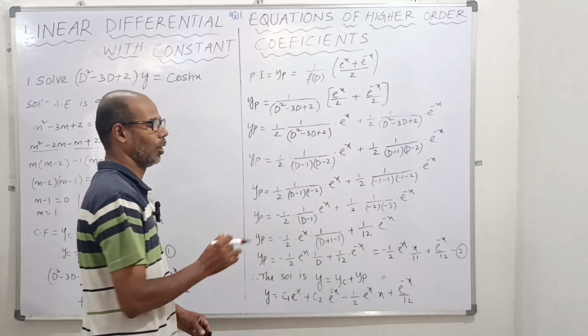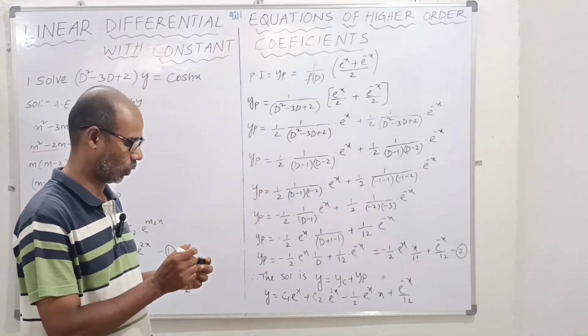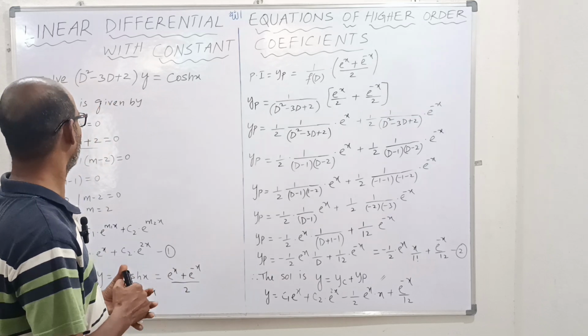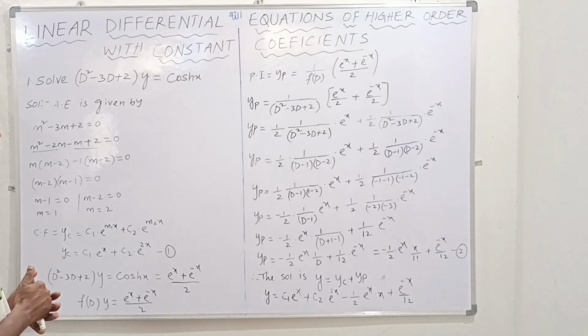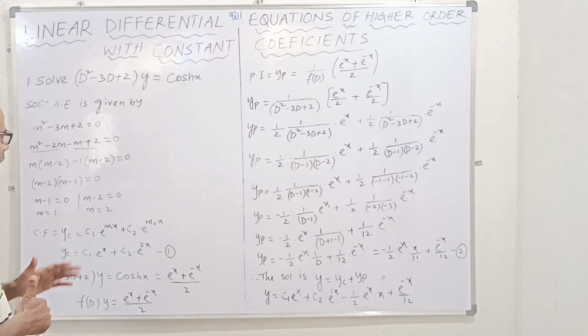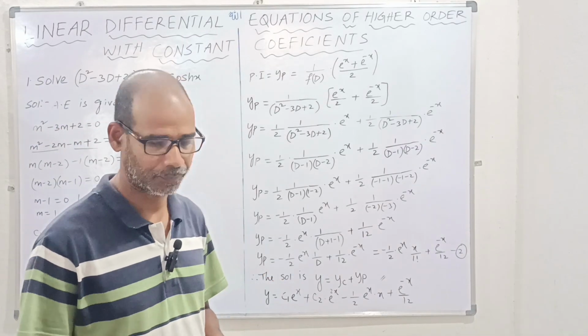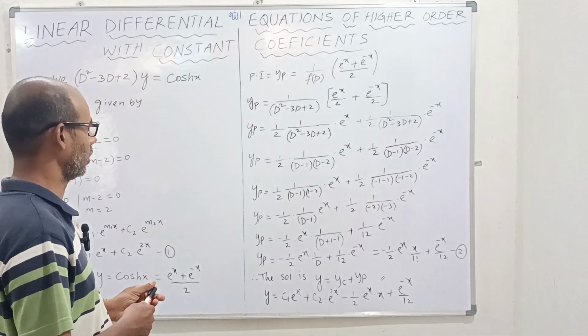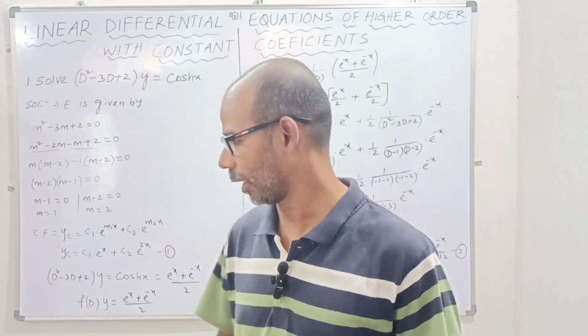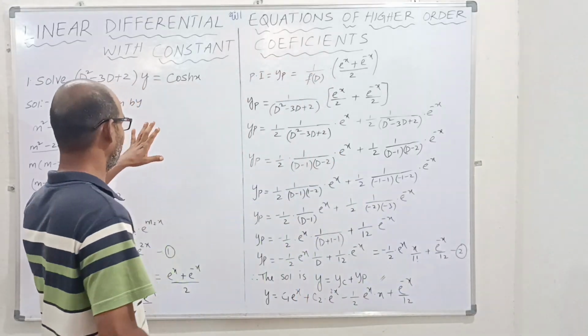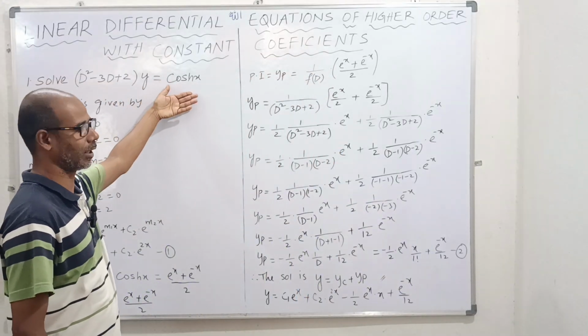So this is a procedure to find the solution for the problem which is of the type linear differential equations of higher order with constant coefficients. Okay, so that is a procedure you have to follow to solve this problem. So okay, well, we will do another problem where the function is of another type. Here the right hand side function is an exponential function.